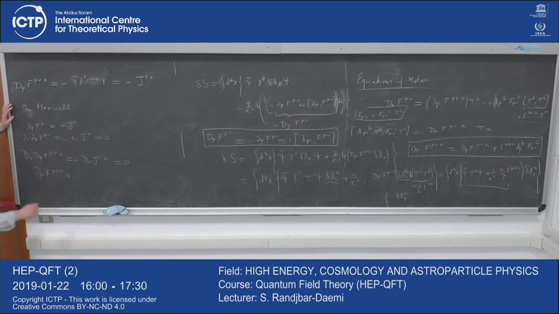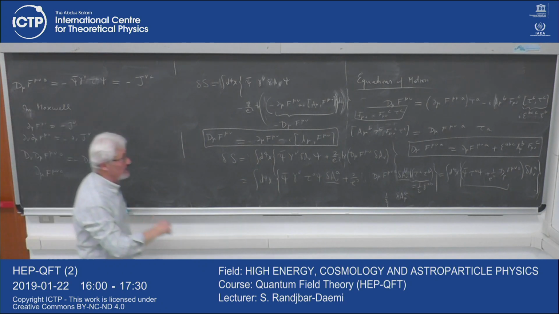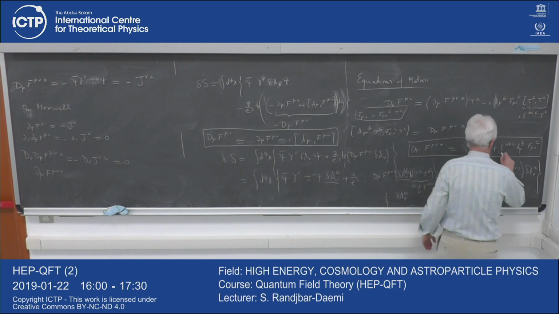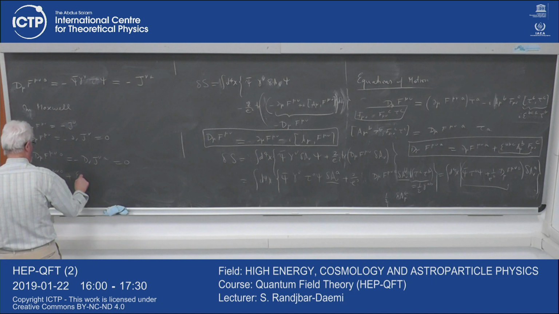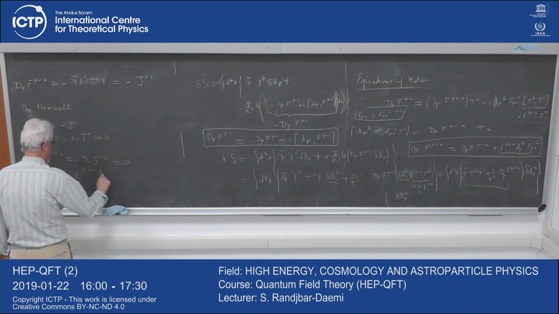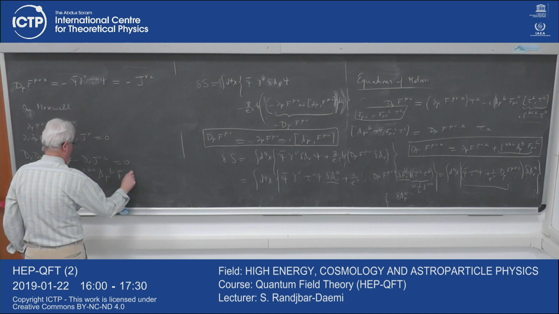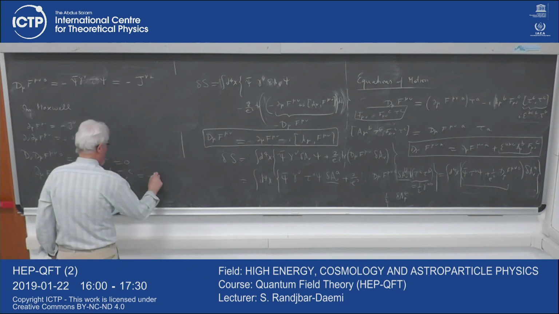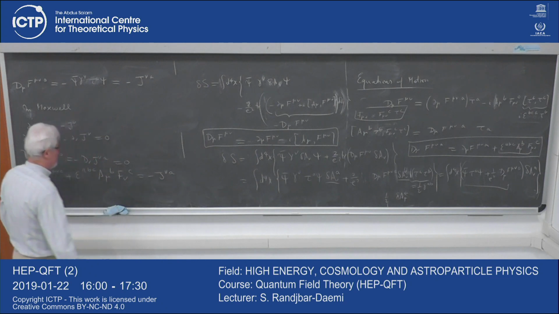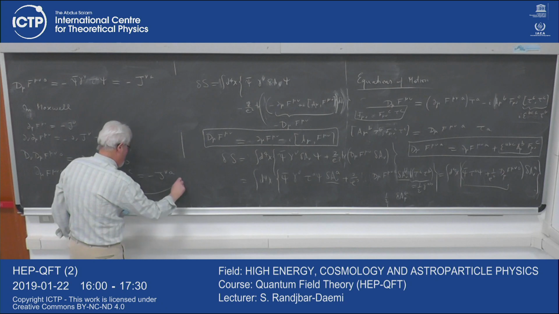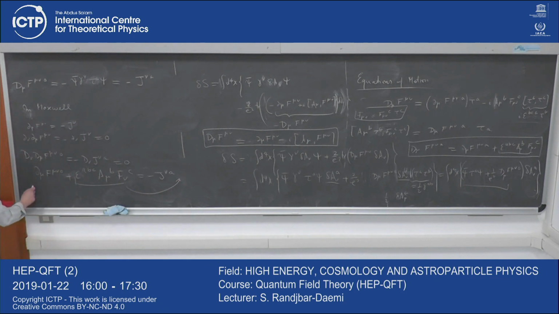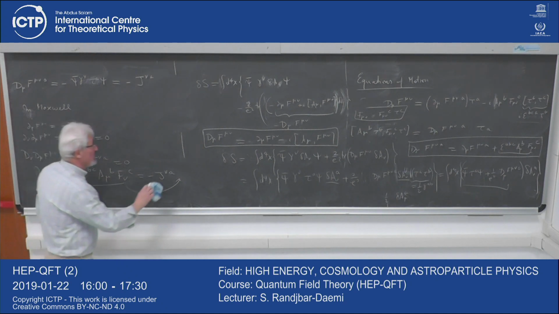There will be other terms there as well. Okay? So the other terms, I wrote it there, so let's just write it. So the other terms are these, plus epsilon ABC A mu B A mu C equals minus J nu A. Now you can shift this to the other side and write it in a form where the left-hand side looks rather similar to the case that you have for Maxwell.